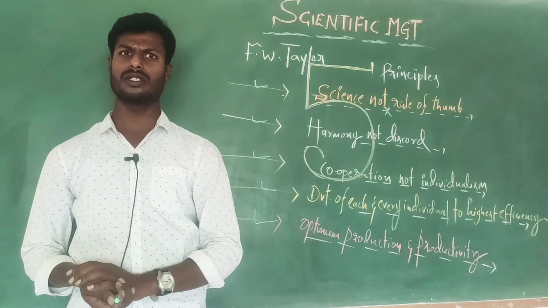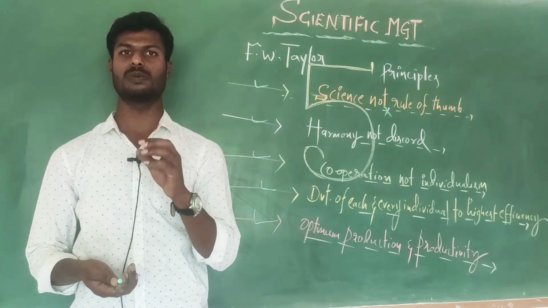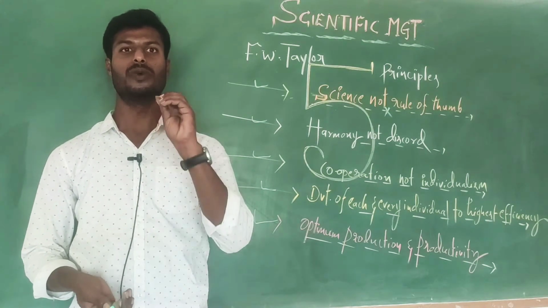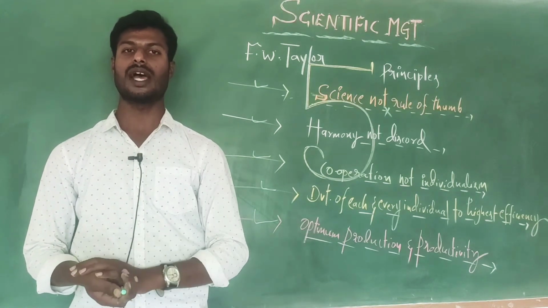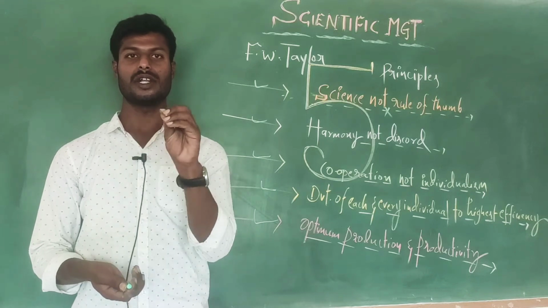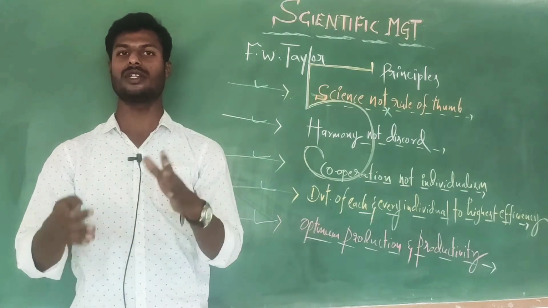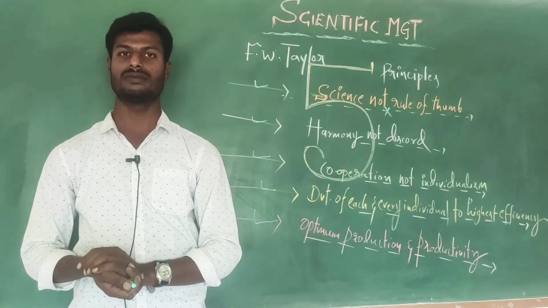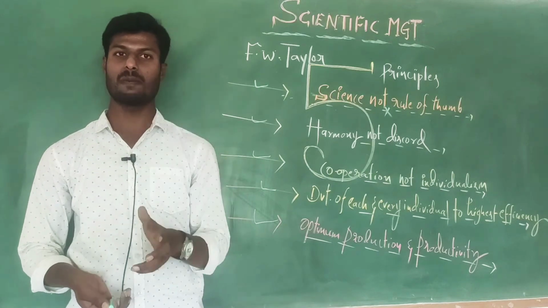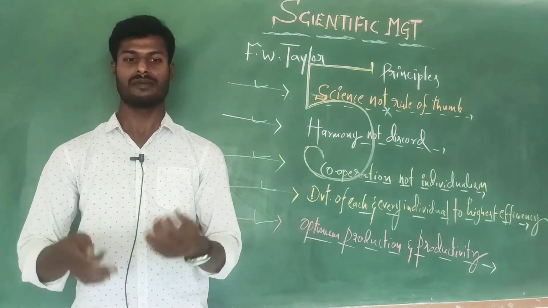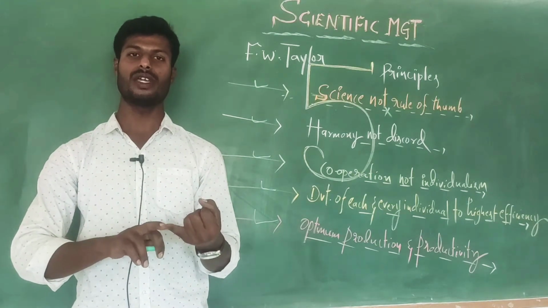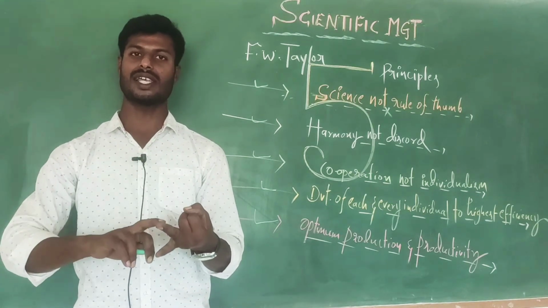Science, not rule of thumb, means organizational decisions must be very proper and effective, and we must apply scientific tools, techniques and methods in the day-to-day activities of the organization. We must apply science in the selection of employees and to fix salaries and remuneration.